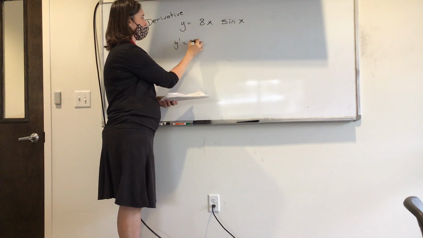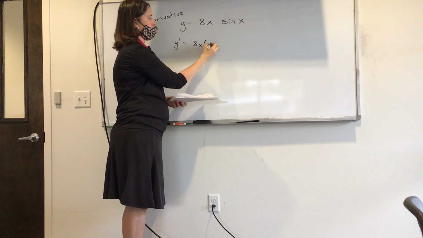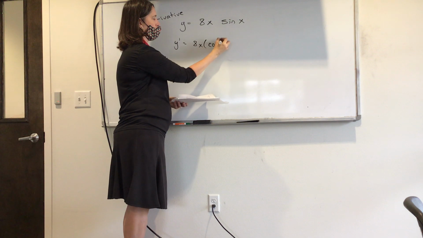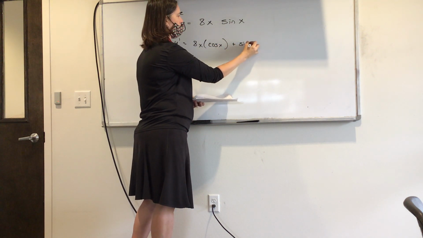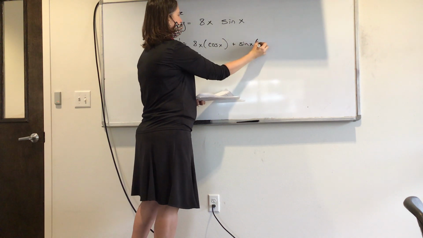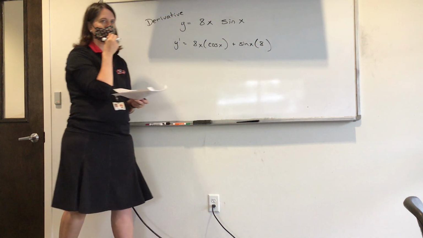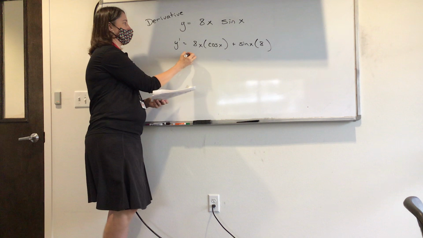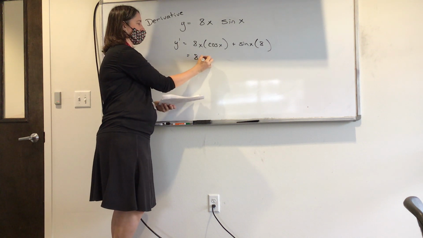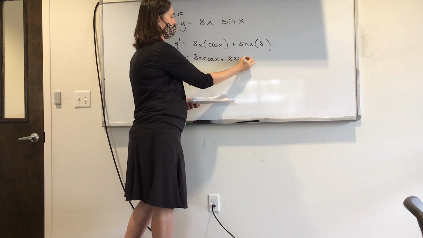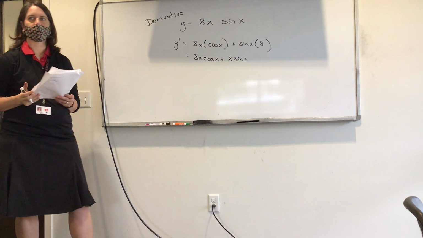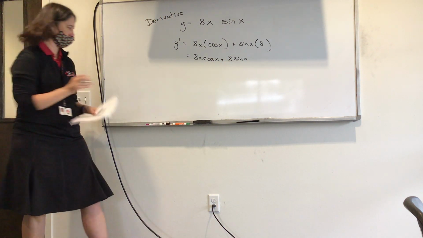So I'm taking the first function, my 8x, times the derivative of the second, that would be cosine x, plus the second function, sine x, times the derivative of the first, which would just be 8. So my final answer, 8x cosine x plus 8 sine x. Okay, go get that as your answer.